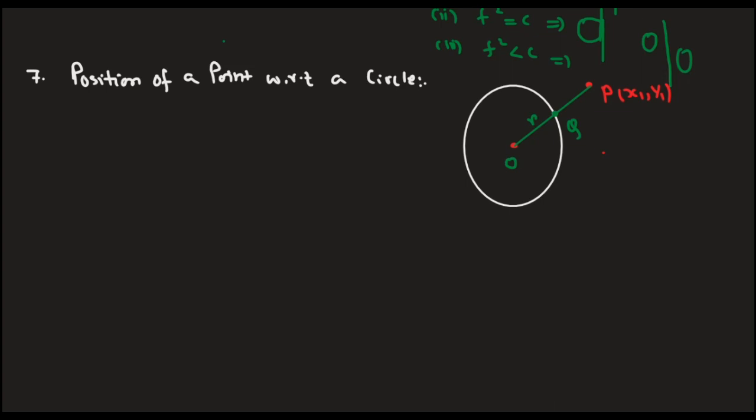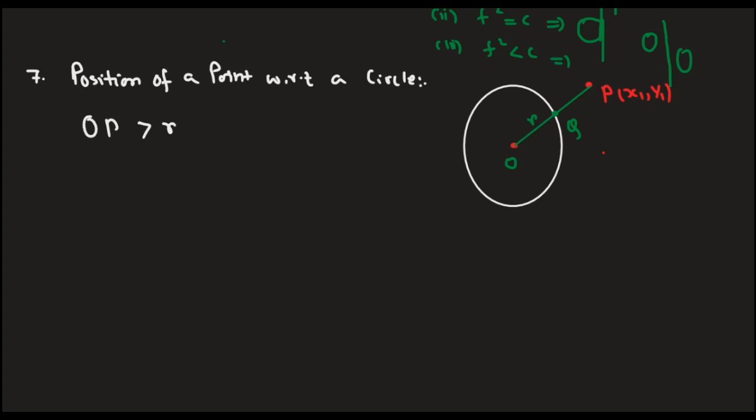So from here we can easily say that the OP length is greater than the radius. This is just an observation. P is lying outside of the circle, so without any problem we can say this.